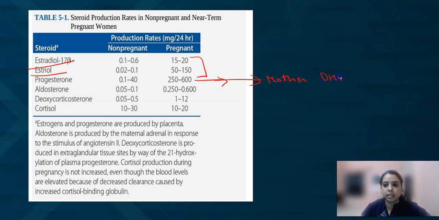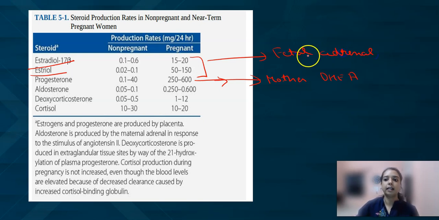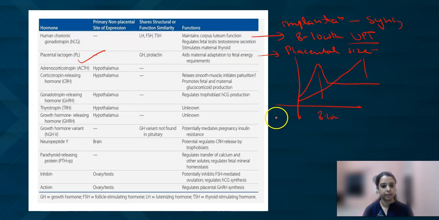The precursor DHEA comes from the mother. That is how the placenta is able to secrete progesterone. Similarly, the precursor for estrogen is nothing but the fetal adrenal gland. So the fetal adrenal gland is the main precursor for this high amount of estrogen. So these are two important things about hormones.